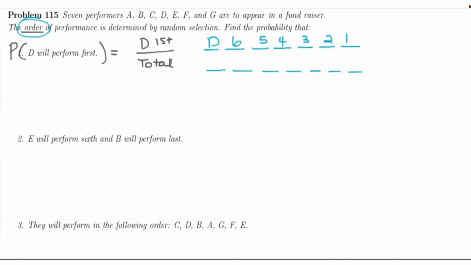No restriction. 7, 6, 5, 4, 3, 2, 1. So it is 6 factorial over 7 factorial, 1/7. You can simplify that.